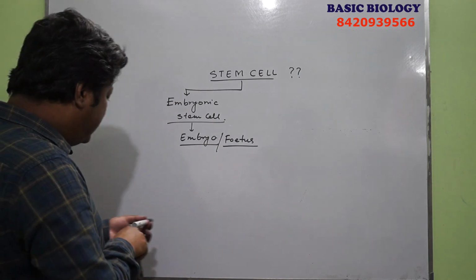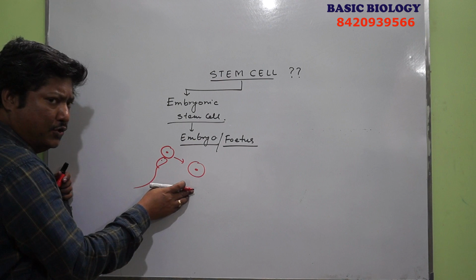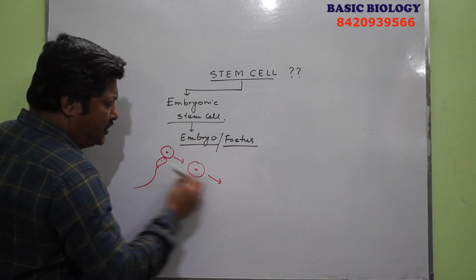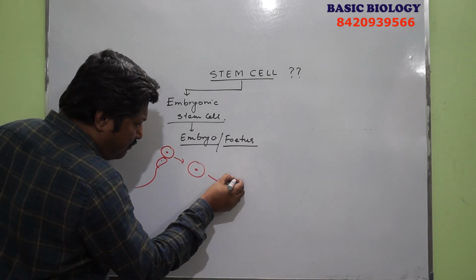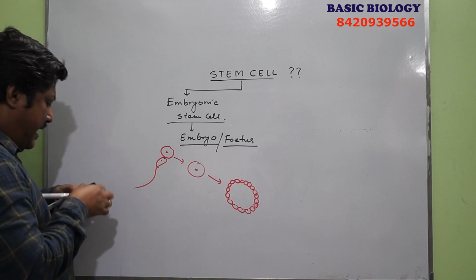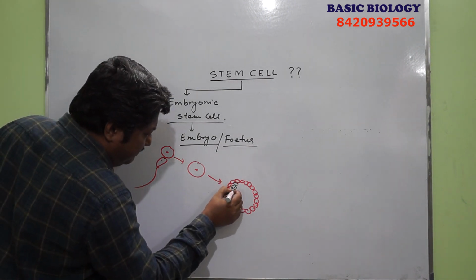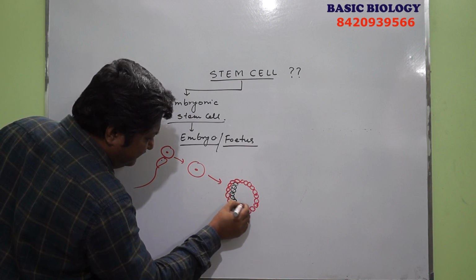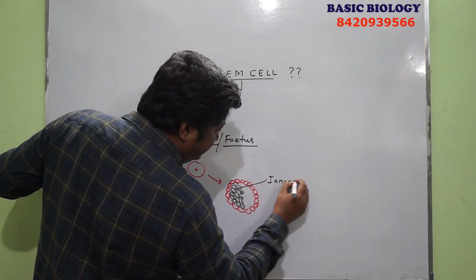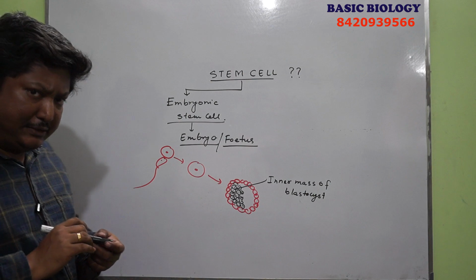Now when a sperm and ovum fertilize to form a zygote, that zygote undergoes a series of mitotic divisions and produces a monolayer blastula.